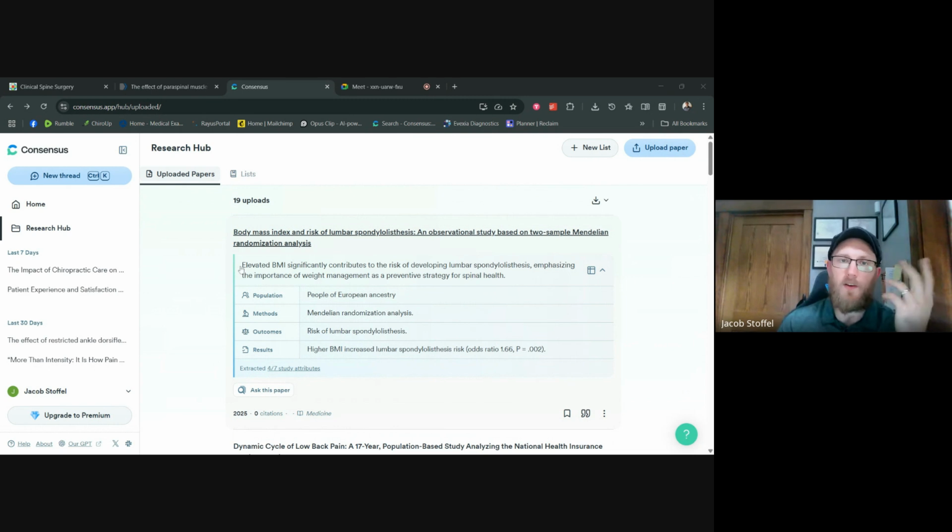So what they found was elevated BMI significantly contributed to the risk of developing a lumbar spondylolisthesis, emphasizing the importance of weight management as a preventative strategy for spinal health. Well, how much more of a risk? According to the odds ratio, 1.66, we usually think of 1.0 as equal to, you know, just 100%.